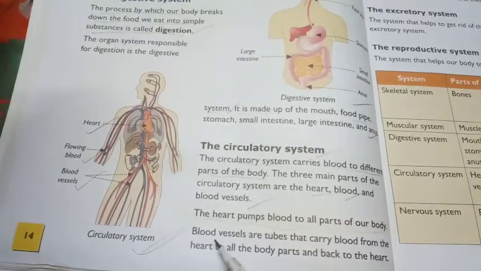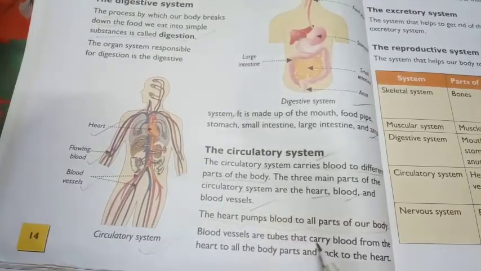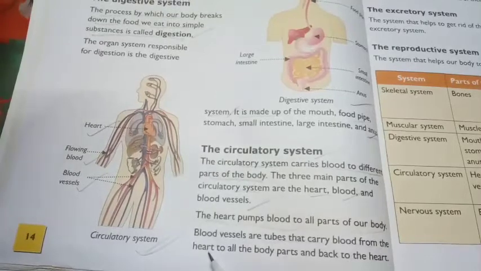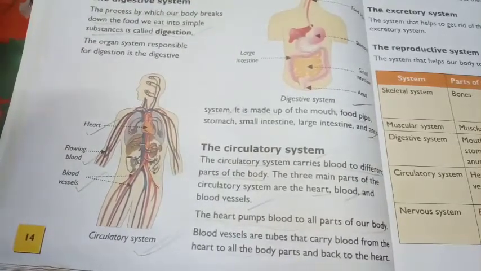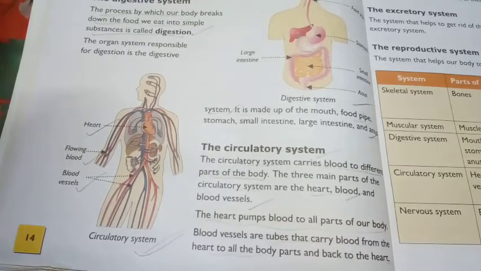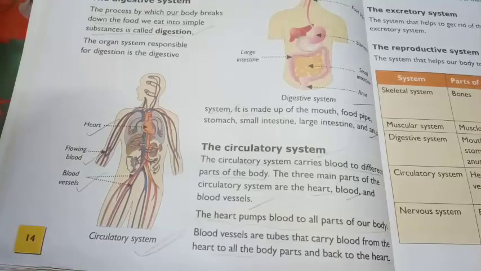Next, blood vessels are the tubes that carry blood from the heart to all body parts and back to the heart. Once they carry the blood from the heart to the different parts of our body, again they bring blood from different parts of the body to the heart.